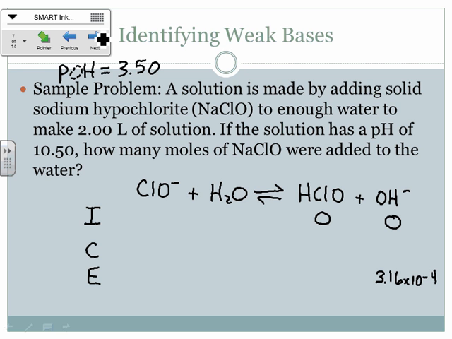So this is going up by 3.16 times 10 to the negative fourth, which means this is also going up by 3.16 times 10 to the negative fourth based on the stoichiometry in our reaction, which is just 1 to 1 to 1 to 1. Which means this is going down by 3.16 times 10 to the negative fourth. Okay?